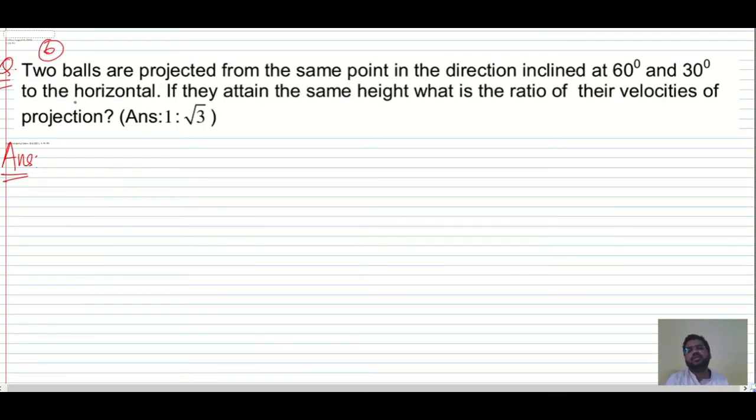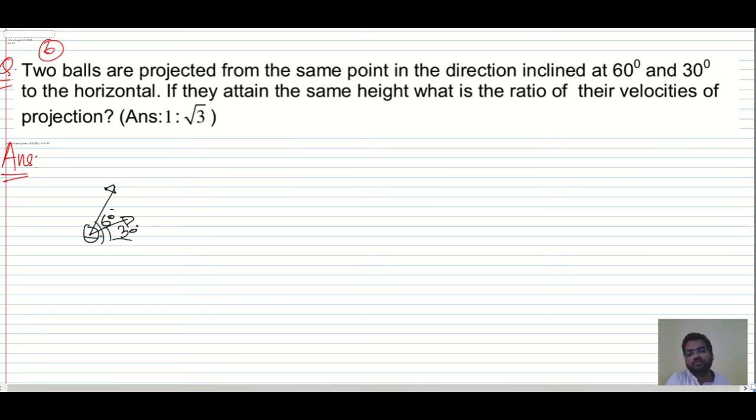Then the sixth question: two balls are projected from the same point in directions inclined at 60 degrees and 30 degrees to the horizontal. If they attain the same height, what is the ratio of their velocity of projection? So one ball is thrown at an angle of 30 degrees, the other ball at an angle of 60 degrees.